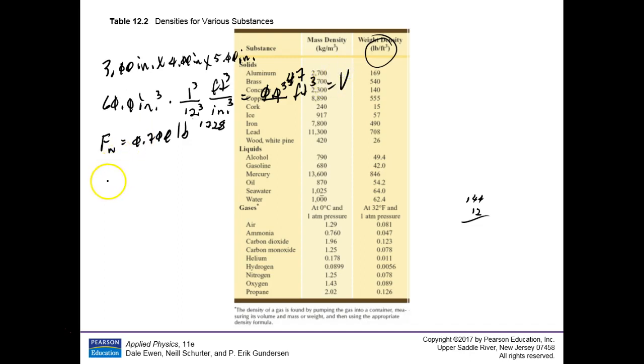and your density, and this is a weight density, is weight, which is force due to weight, divided by volume. And that would be 0.700 pounds divided by 0.0347 cubic feet. Okay?